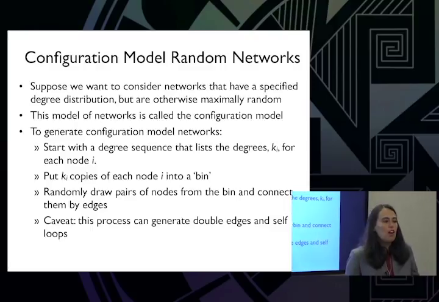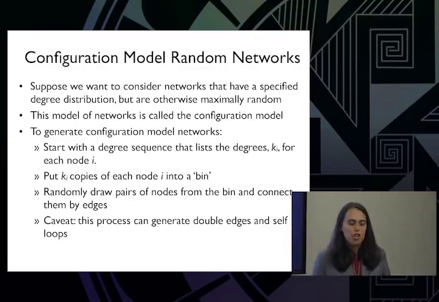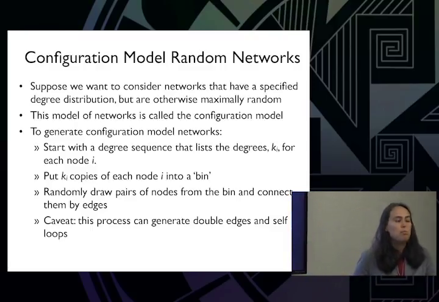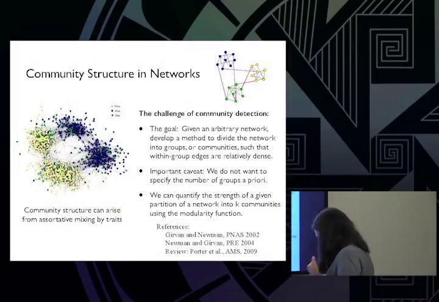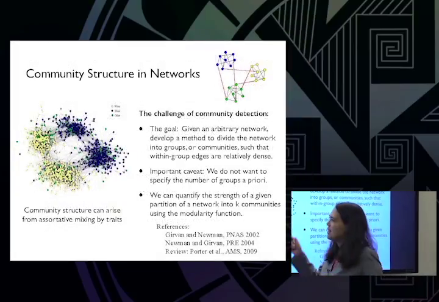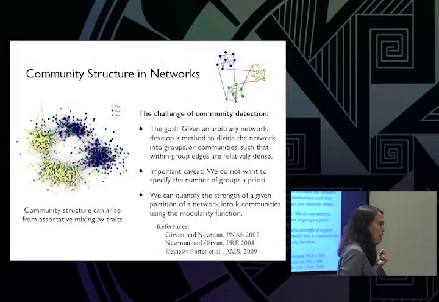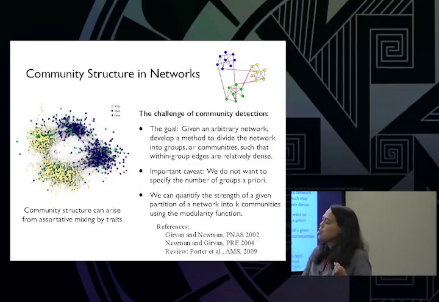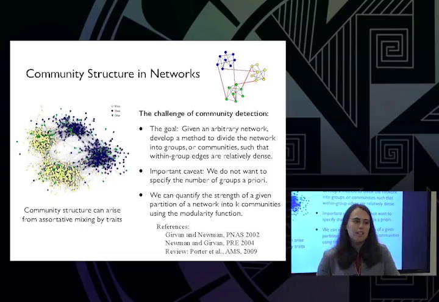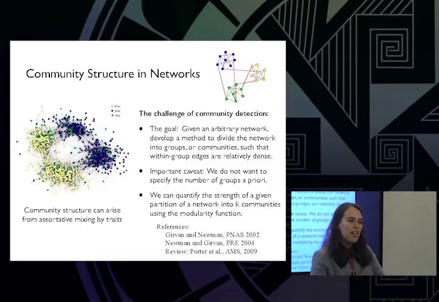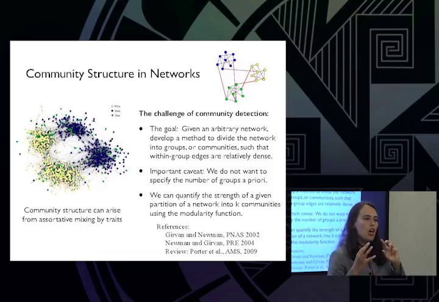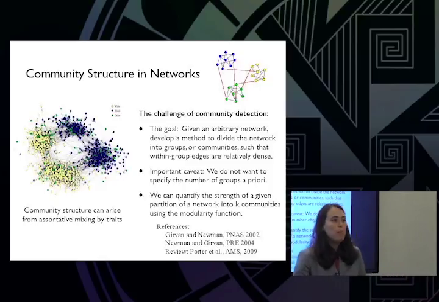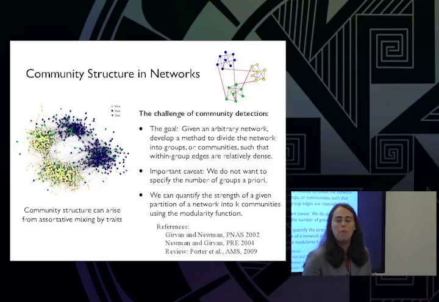And so doing so, I can now evaluate the other structures in the network that aren't going to be explained just by the degree distribution. So one of these things that I've thought extensively about is this issue of community structure. Community structure exists when there are groups of nodes within which connections are relatively dense, but between the groups, the connections are much sparser.